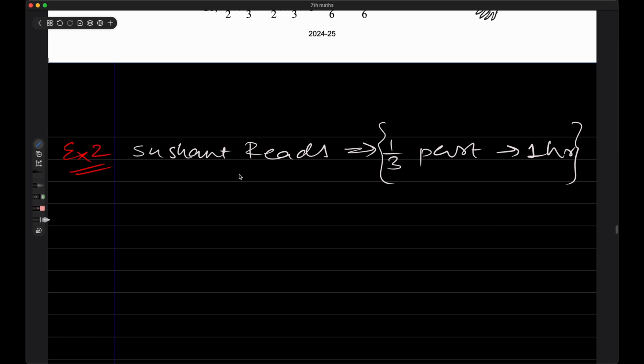How much part of the book will he read in 1 by 5 hours?